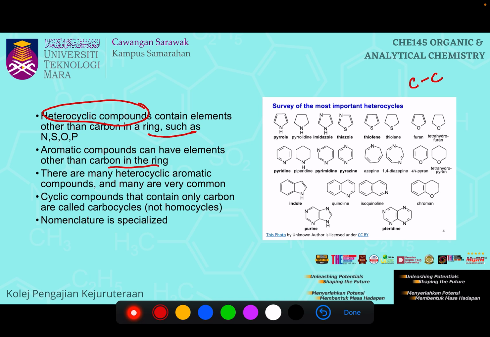There are many heterocyclic aromatic compounds, and many are very common. Cyclic compounds that contain only carbon are called carbocycles, not homocycles. Nomenclature is specialized. This is a bit more advanced, but just a little introduction that some aromatic compounds are not necessarily just carbon, but can be heterocyclic compounds with other elements such as nitrogen, sulfur, oxygen, or phosphorus in their ring.